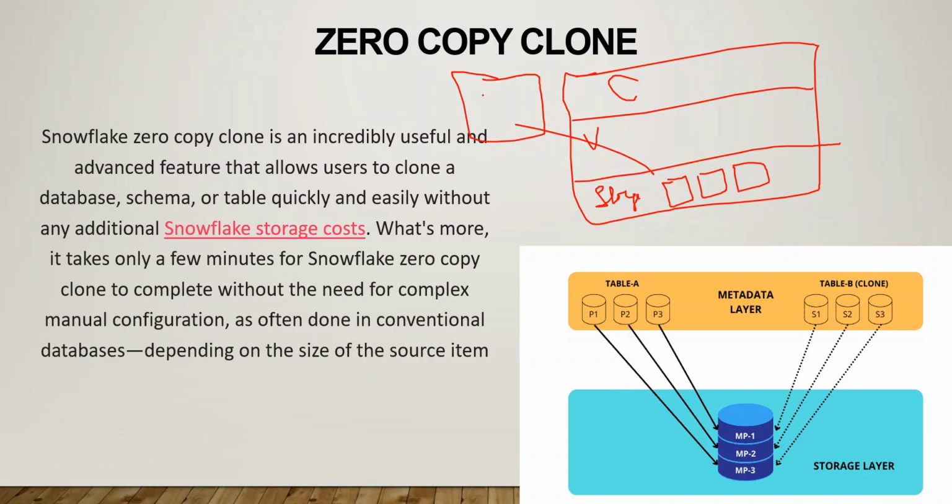Let's say this is one table, T1, a customer table, or you can say orders or anything. Now this T1 has three micro partitions, each with a size of 50 to 500 MB of uncompressed data. Usually in Snowflake it will be less than this because Snowflake compresses the data.